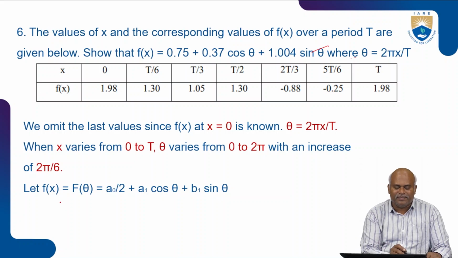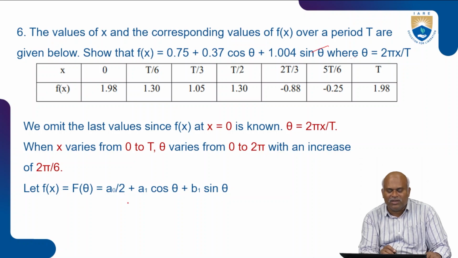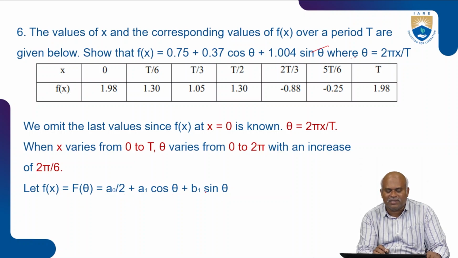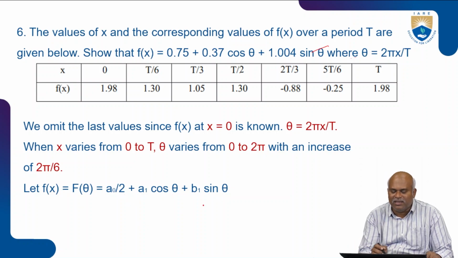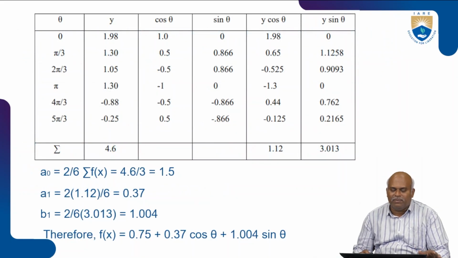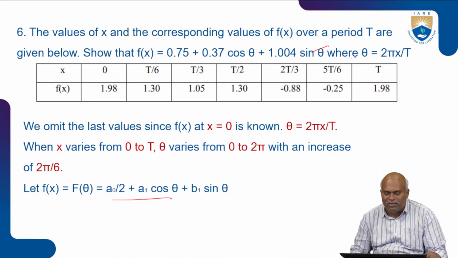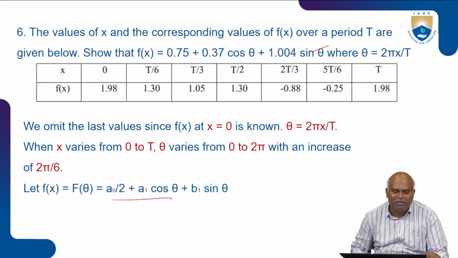Let f of x equal f of theta, that is a0 divided by 2 plus a1 cos theta plus b1 sin theta. The remaining terms go for the negative. So based on this equation, we make the tabular column.